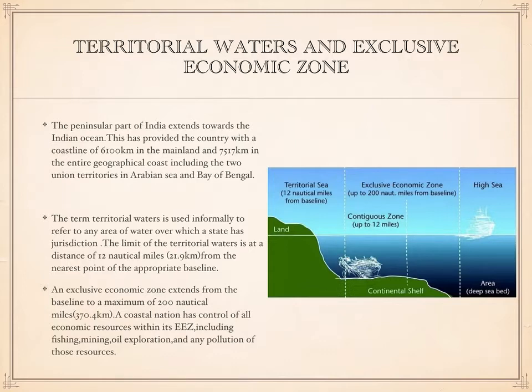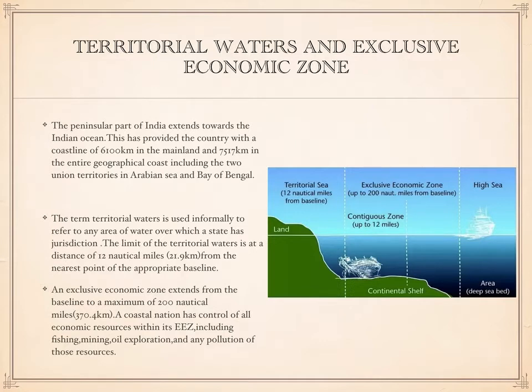Now, what do you mean by territorial water and exclusive economic zone? Territorial water refers to any area of water over which a state has jurisdiction. The limit of territorial water is at a distance of 12 nautical miles, that is 21.9 km, from the nearest point of the appropriate baseline. 1 nautical mile is equal to 1.8 km.